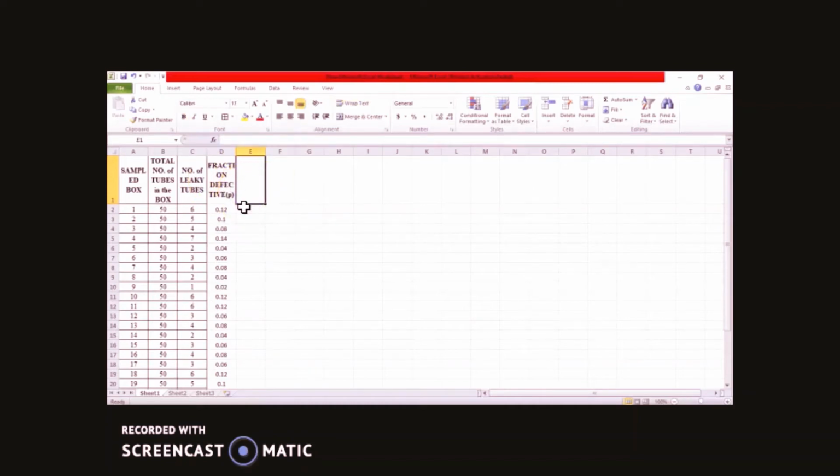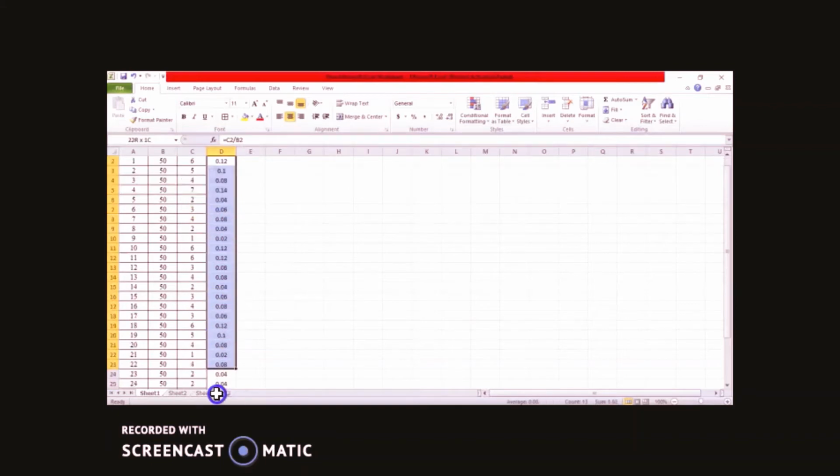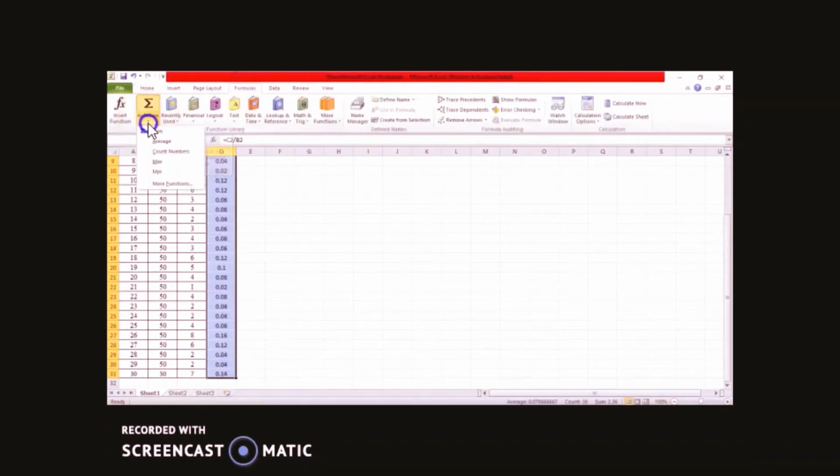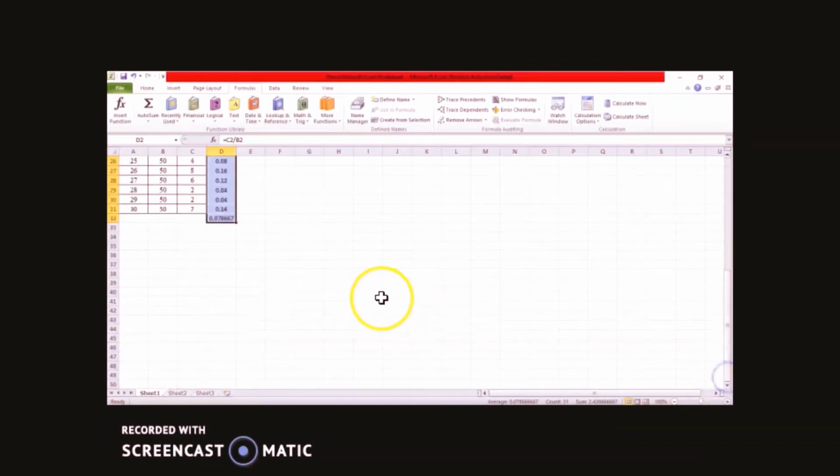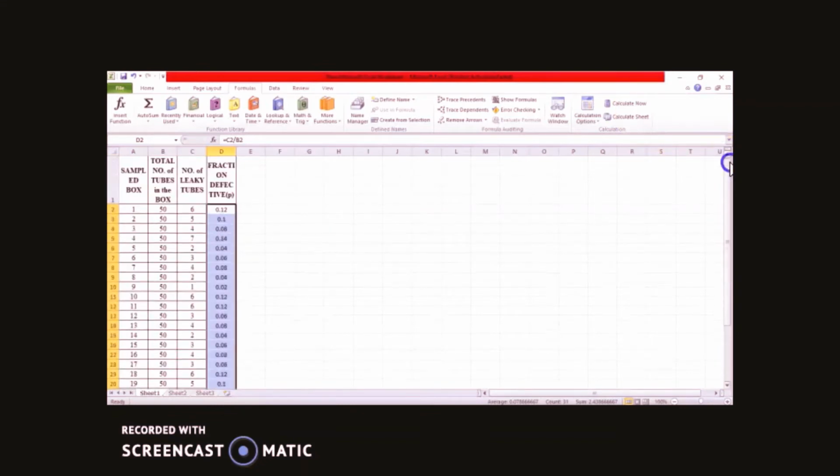Either you write down the formula here for simply the average of your fraction defectives, or you select all the values here, then go to the formulas and find the average. So either you can write the average here, or use the second way to find the average fraction defective.